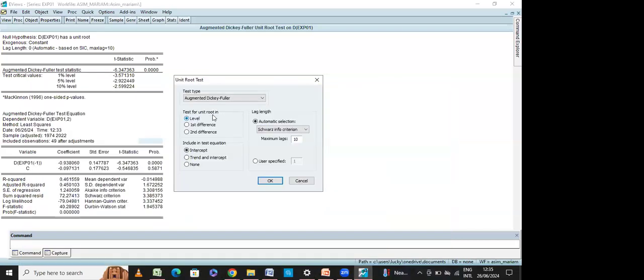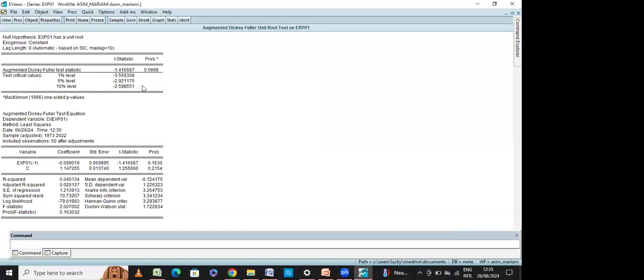And I am instructing EViews to check whether this time series has an issue with unit root at level or not. I instruct EViews, and EViews is telling me yes, it has an issue because the probability value is more than 0.05. Here I have the p-value and t-statistics.